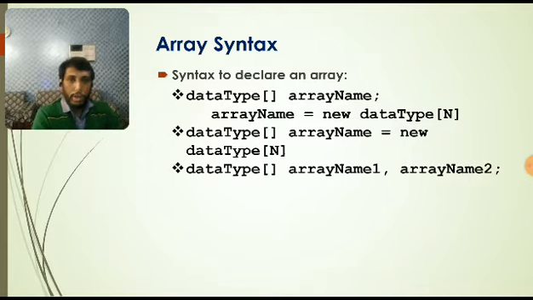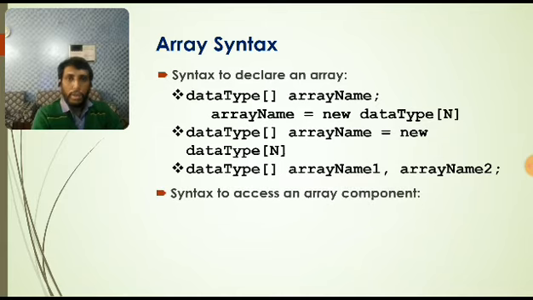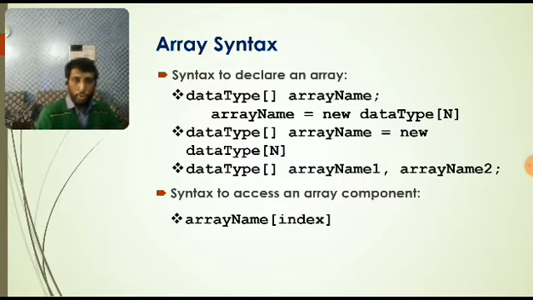Now, data type, array name 1, array name 2. If you want to declare multiple arrays, then you can declare them like this. Next, the syntax to access an array component. Whenever we want to access a component, the data or values, from the array, we should write the array name and the index number.